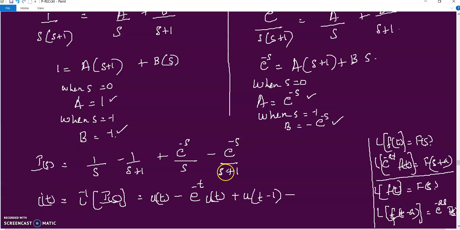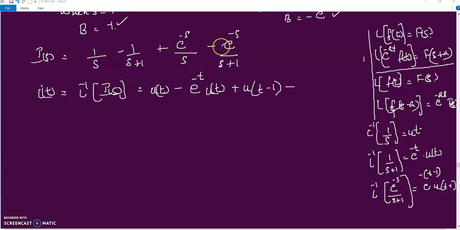Okay. Next we have e raised to minus s and s plus 1 both together. Here we have e raised to minus s by s plus 1. So L inverse of 1 by s is u(t). L inverse of 1 by s plus 1, by the frequency shifting theorem, is e raised to minus t into u(t). Next we have the time shifting theorem to be applied to e raised to minus s by s plus 1.